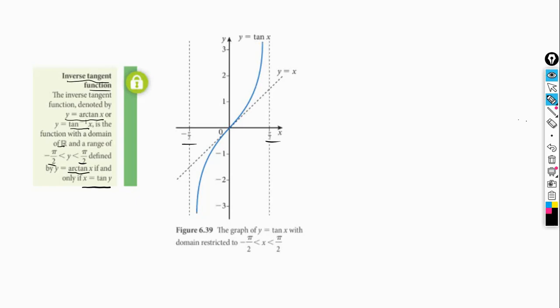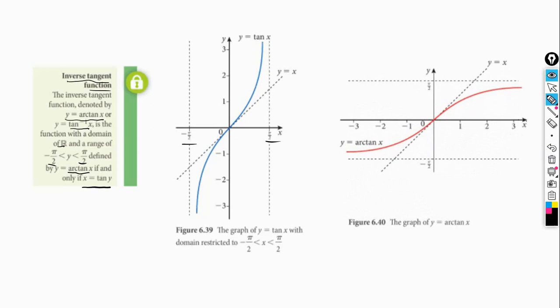That is why if we look at the inverse, which is arctangent, right, the reflection across the line y equals x, notice that it's going to have a domain of all real numbers and a range that is restricted to -pi halves to pi halves, which, by the way, are now horizontal asymptotes.